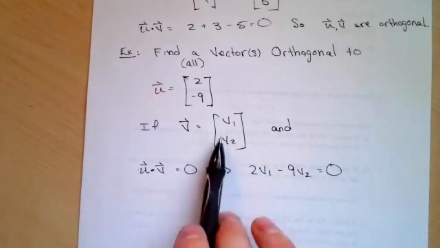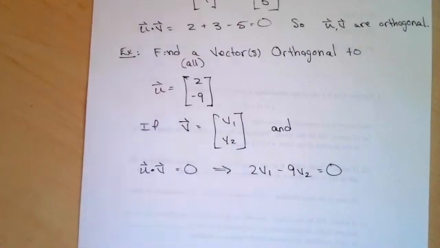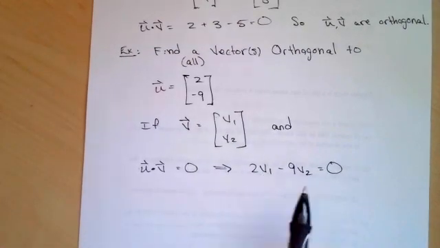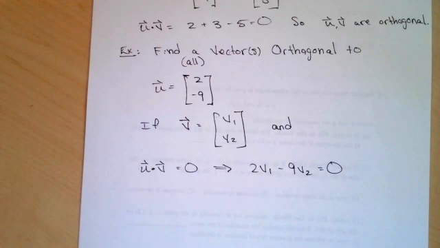So we have two unknowns we are trying to solve for, v1 and v2, and we have one constraint equation. Meaning there's not just one vector that's orthogonal to u. There's infinitely many vectors that are going to be orthogonal to u.